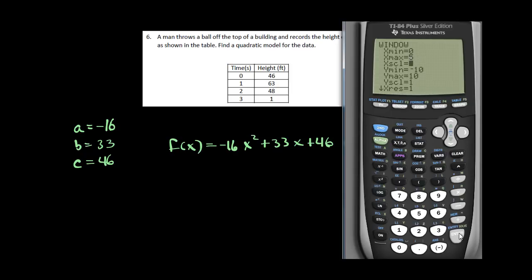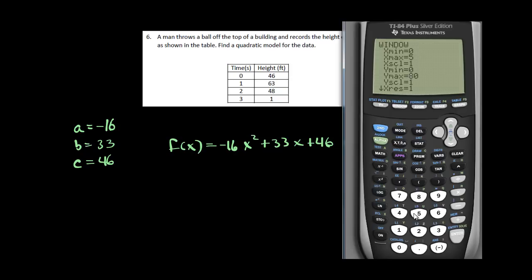We go up by 1. The outputs, what's the lowest output? Well, the lowest output that we want is 0 because height won't make any sense if it's negative. What's the highest output? Well, it looks like 63 might be the highest, but we don't know that. So let's make it 80.